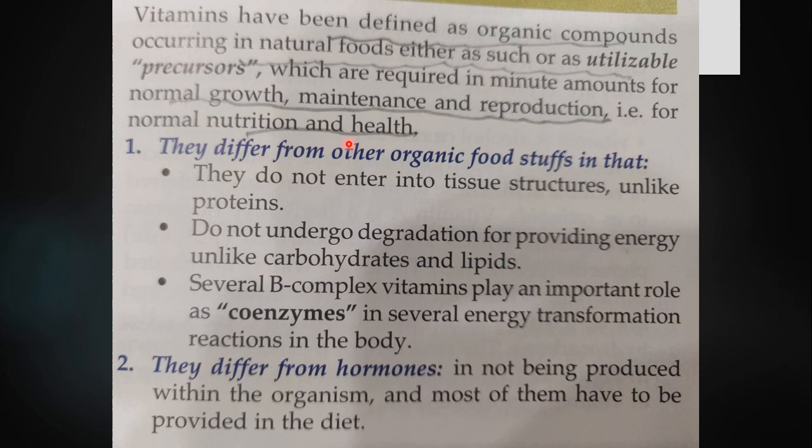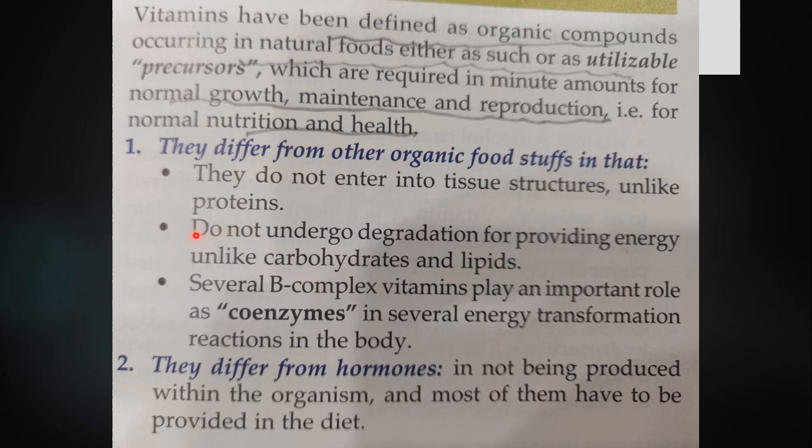So, we can say that they differ from other organic foodstuffs or compounds in that, number one, they do not enter into the tissue structure unlike protein. This is important. Number two, they do not undergo degradation for providing energy unlike carbohydrates and lipids.